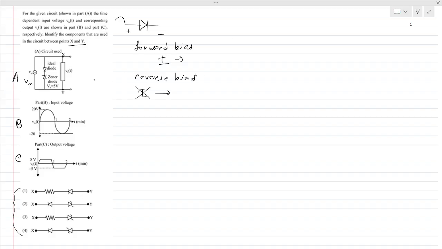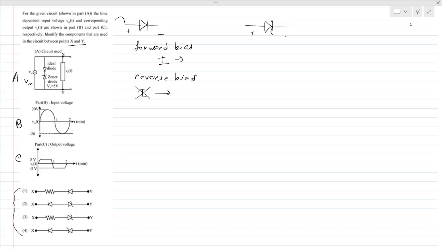Next, we can see the Zener diode. As we know, the Zener breakdown has a specific value, so in this case it will give a constant output voltage.